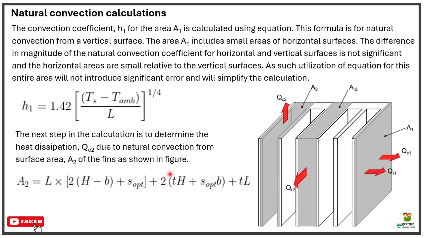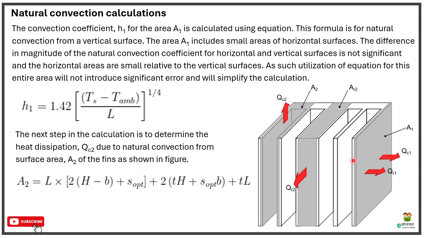The convection coefficient H1 that we have seen in the earlier formula for the area A1 is calculated using this equation. So this formula is for natural convection for a vertical surface. The area A1 includes small areas of horizontal surface.